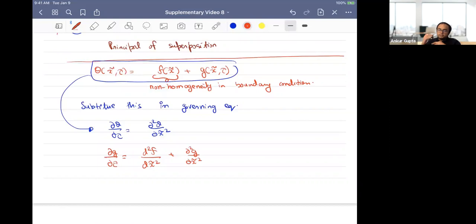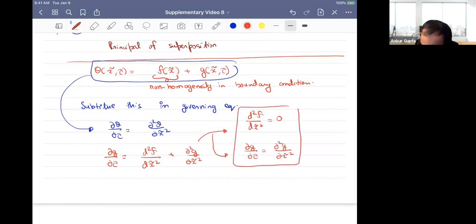So this principle of superposition is only valid for linear problems. Okay, so now if this is to be true for any function f and g, we can say there are two equations here. One equation is d square f by dx square is 0, and the other equation becomes del g by del tau is del square g by del x square. Okay, so we get two equations now.